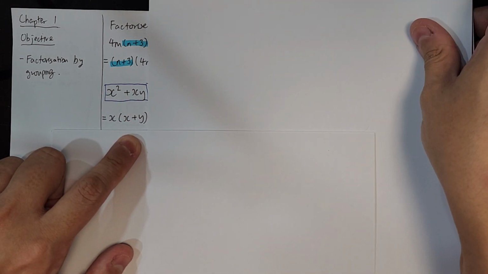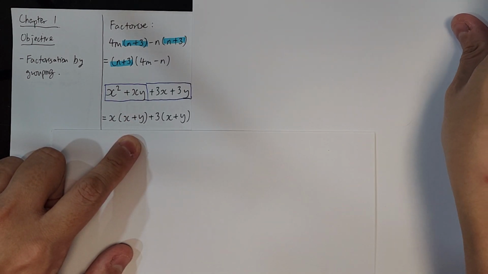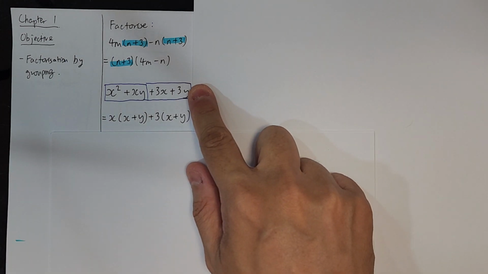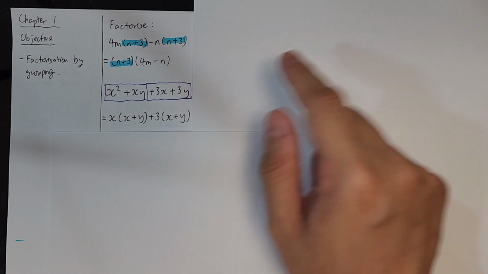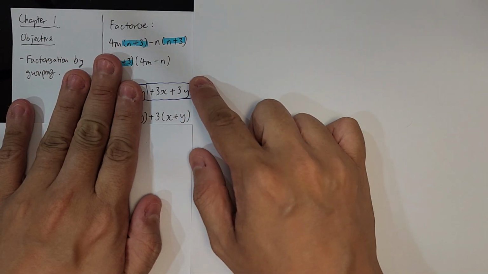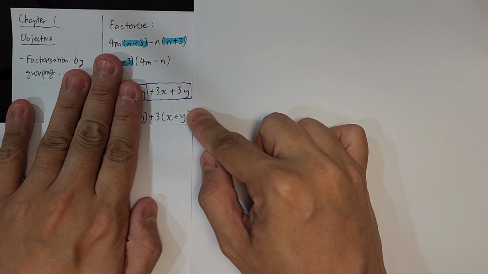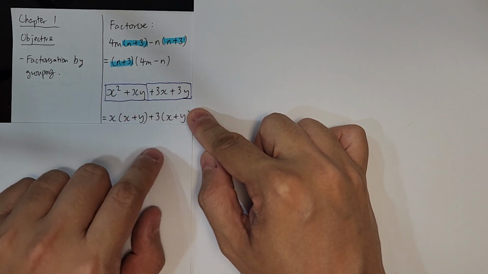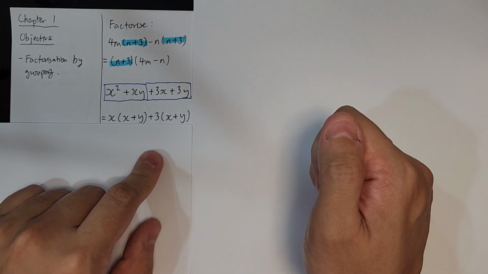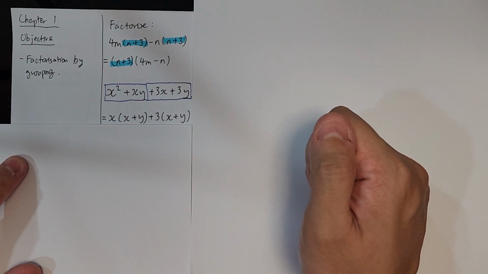What I do with the next 2 terms, I do the same. If I cover away this part here, the next 2 terms have a common factor of 3, and I factorize it out. This technique is factorization by grouping.